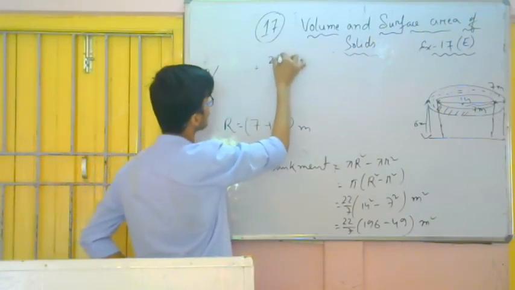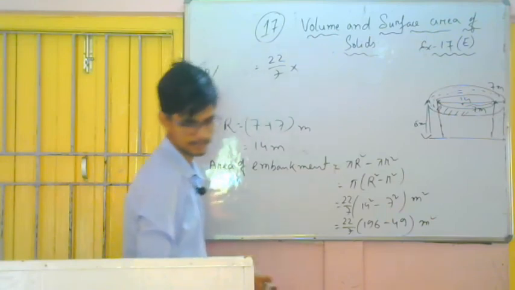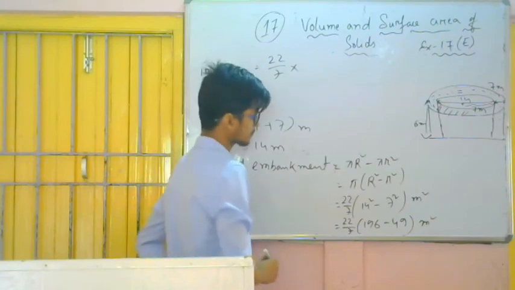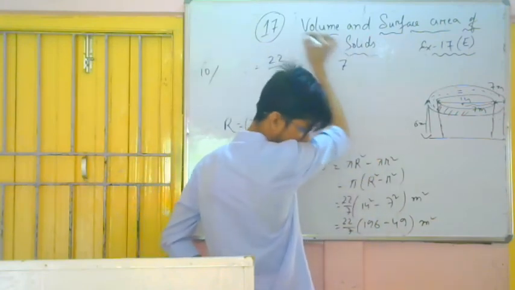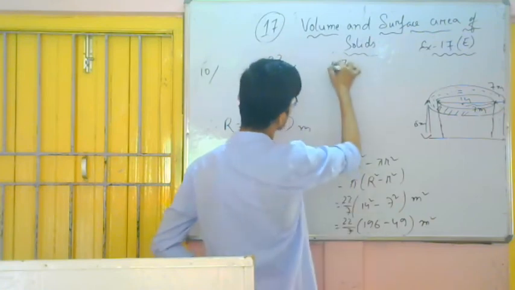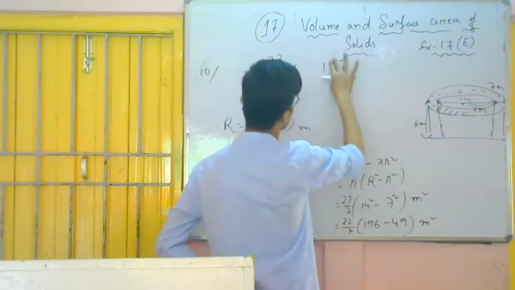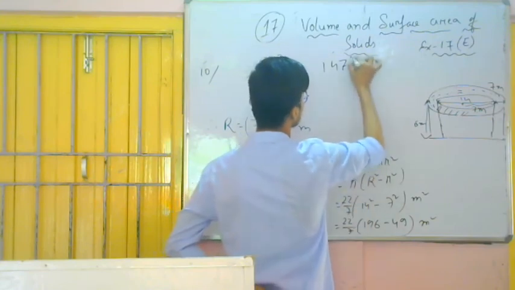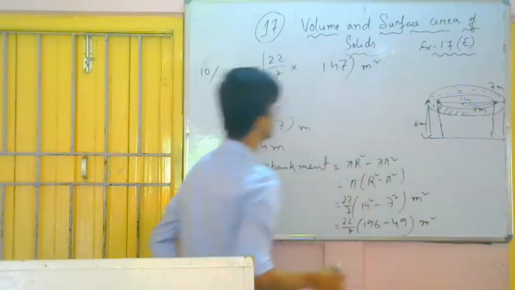Which will be equal to 22 by 7 into 196 minus 49, which is 147 meter square.